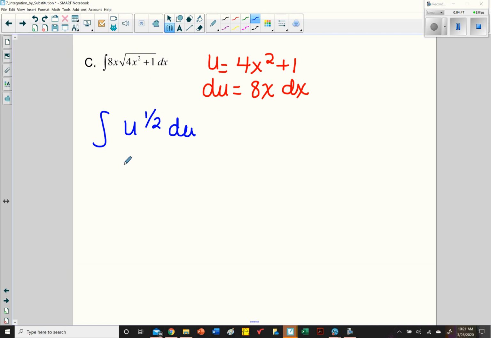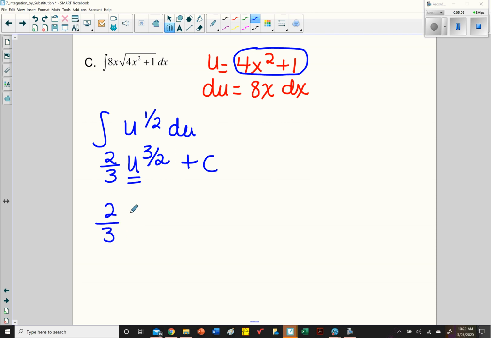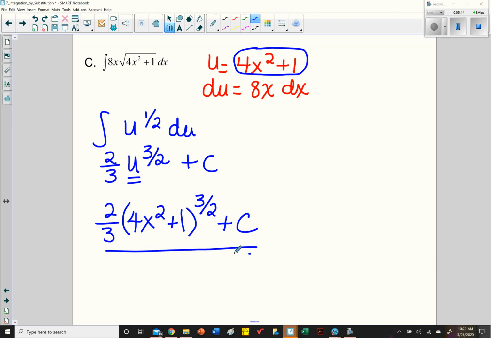So integrating the square root, we have u to the 3/2 times 2/3 plus a constant. Go back and grab your u and substitute. So we have 4x squared plus 1 was our u, and the antiderivative gave us the 3/2 power plus a constant. Indefinite integration by U-substitution. Not so bad.